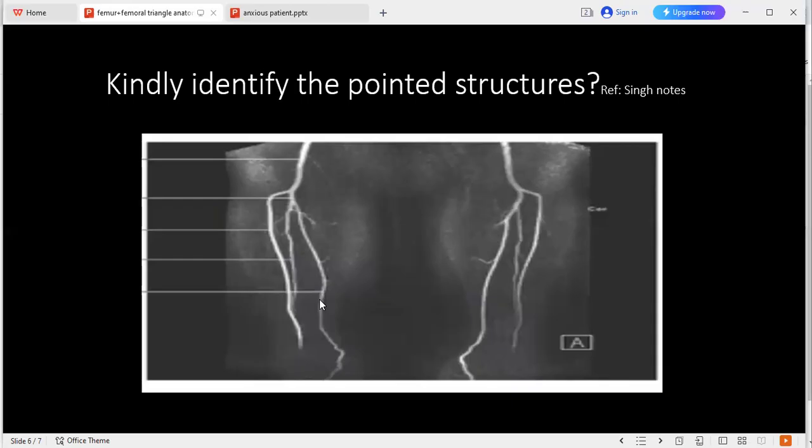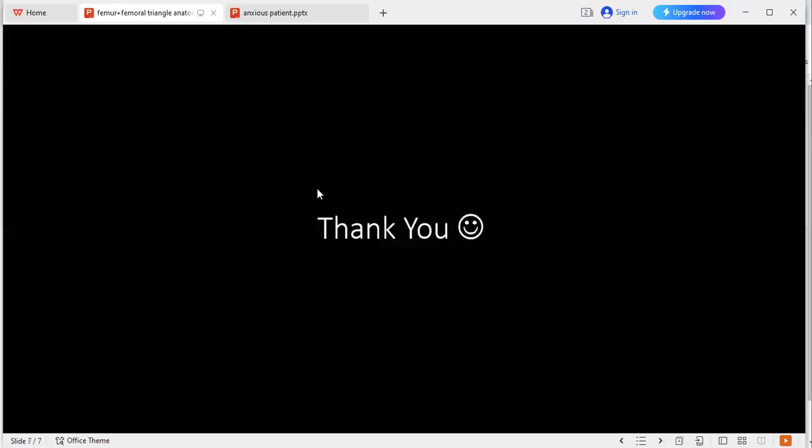This is very important. The floor is formed by the pectineus muscle, iliopsoas muscle, and adductor longus muscle. Yes, good. With this, we end most of the lower limb, except for the foot. The foot itself is very long, and we need another session for that. Okay. Thank you, ma'am.